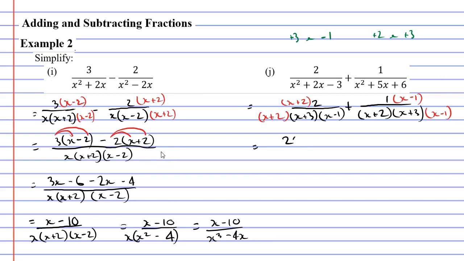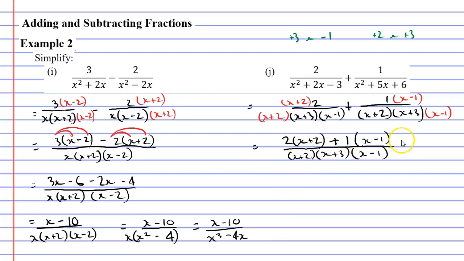So at the top we're going to have 2 times x plus 2 because the number actually needs to go to the left of the brackets. And then we're going to add this to one lot of x minus 1. And we're going to put all of this over a single denominator of x plus 2, x plus 3, and x minus 1.